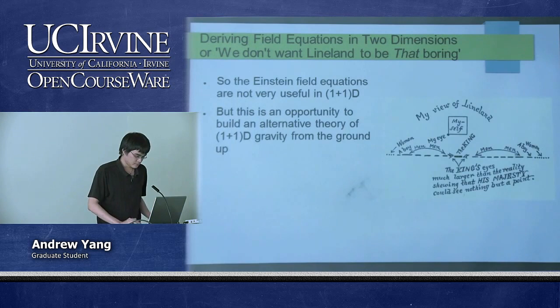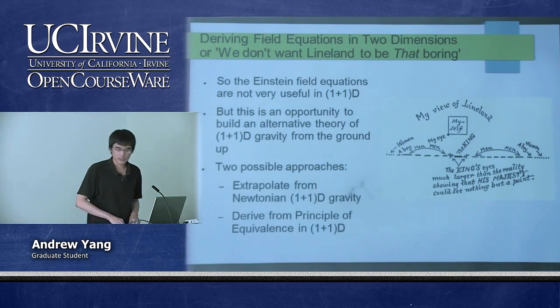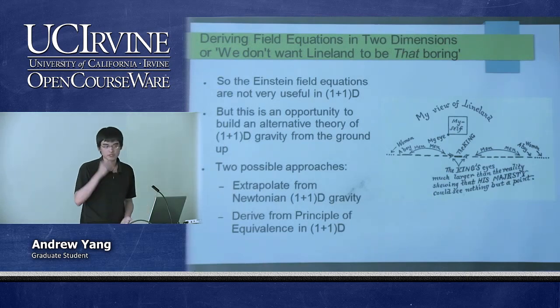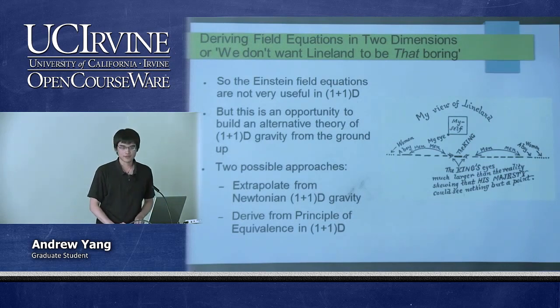There are different ways we can try to do that, and two of the ways we can go over. We can extrapolate a 2-dimensional general relativity from a Newtonian 2-dimensional gravity, or we can try to derive it from a principle of equivalence.